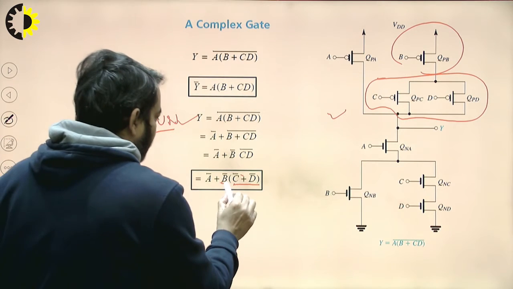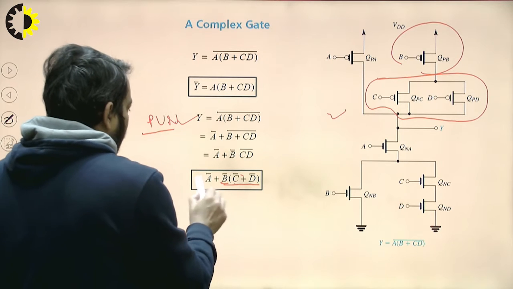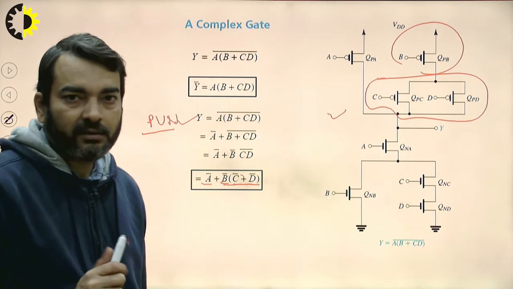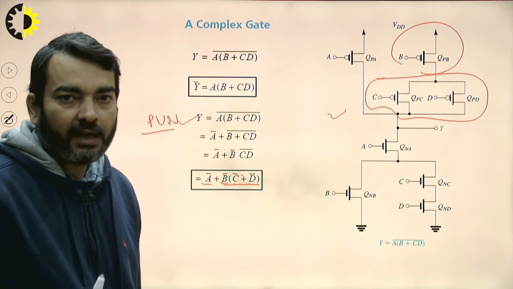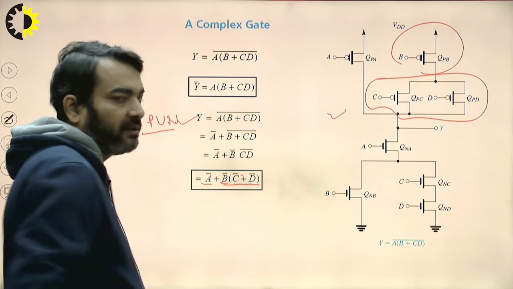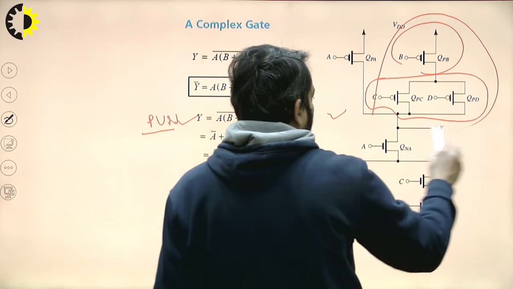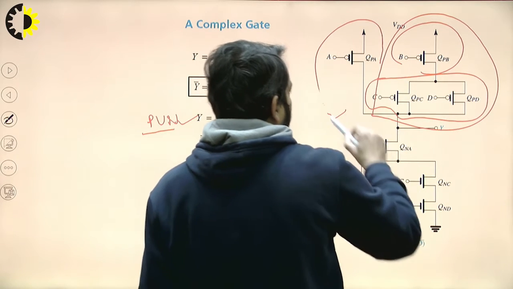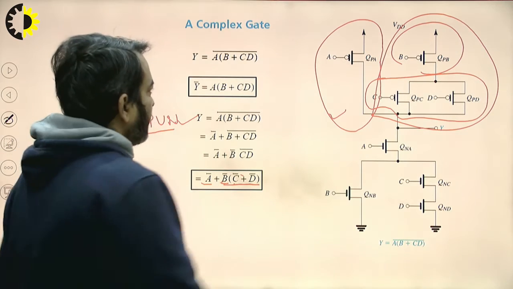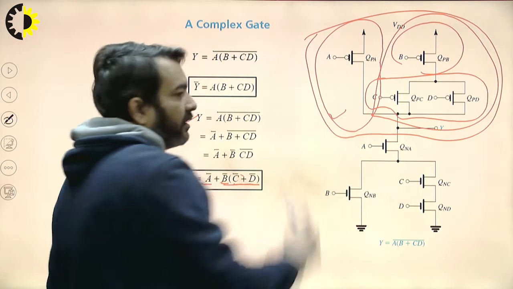Now we have realized up to this term. Then A bar is ORed, which means we have to use another PMOS, and OR means parallel. So this complete network will come in parallel with this PMOS. This complete structure is the pull-up network.